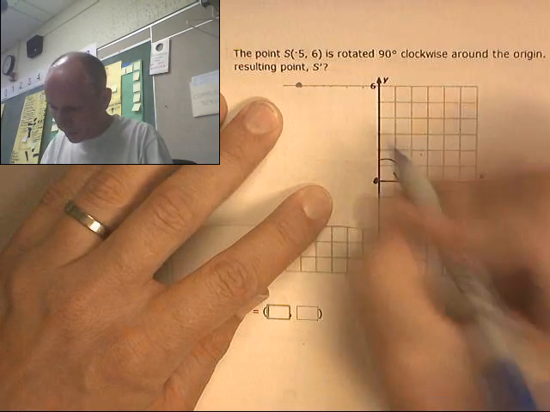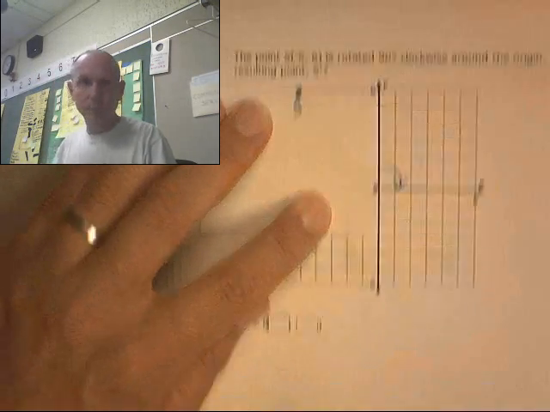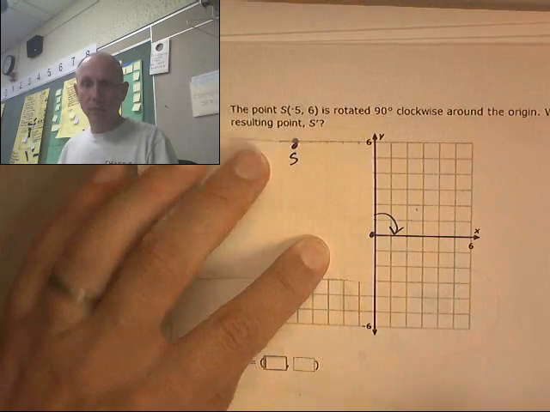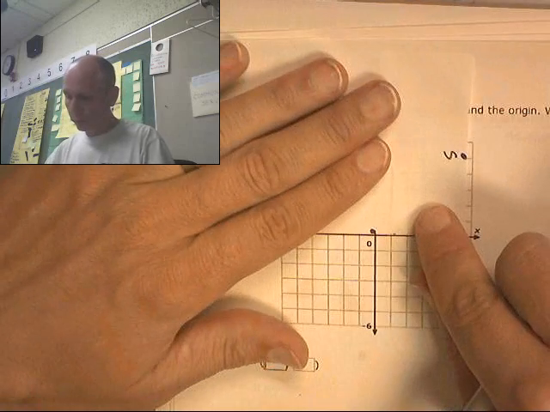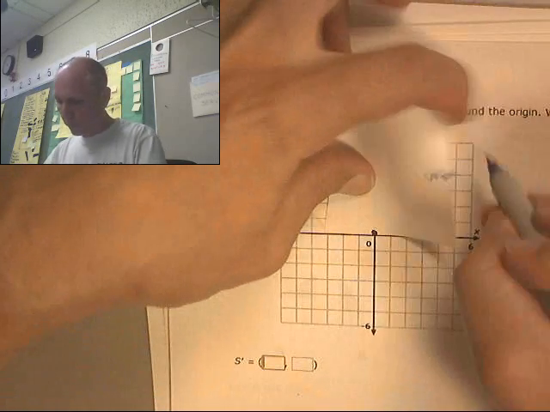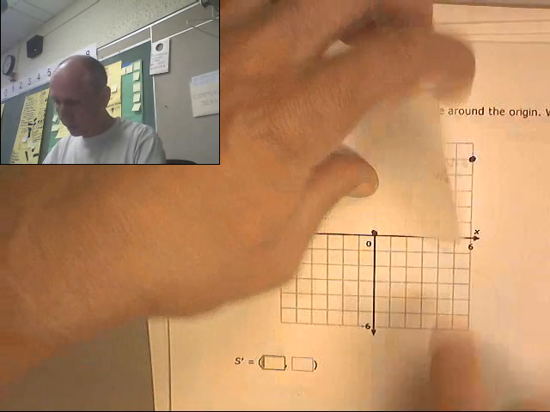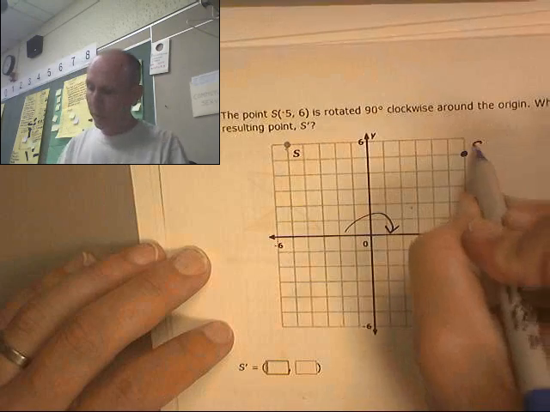Okay, so here is the origin, and there's my point. Was it S? I'm going to rotate it 90 degrees clockwise, and that puts it right about here. There it is. So here's S prime.